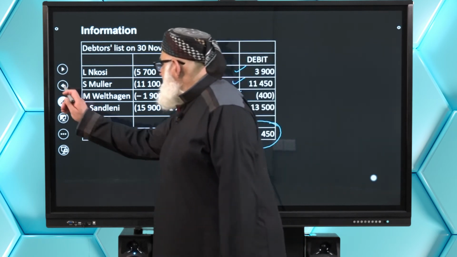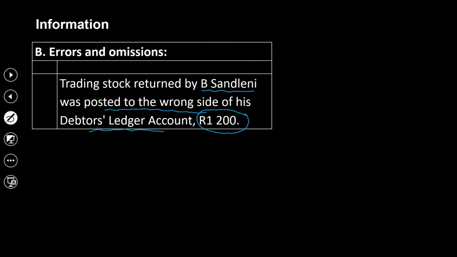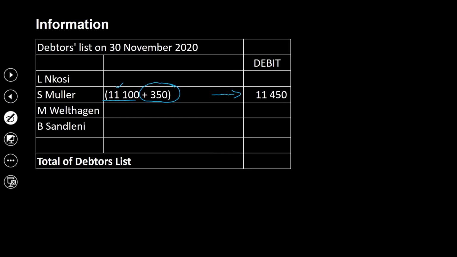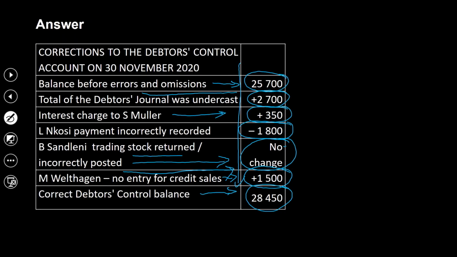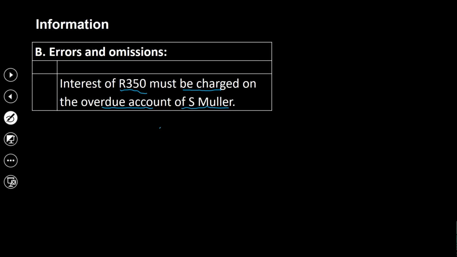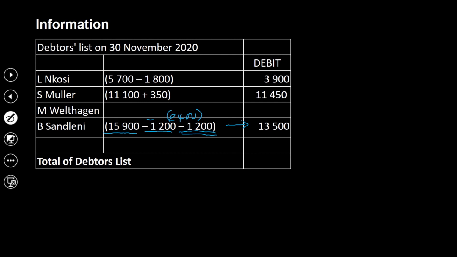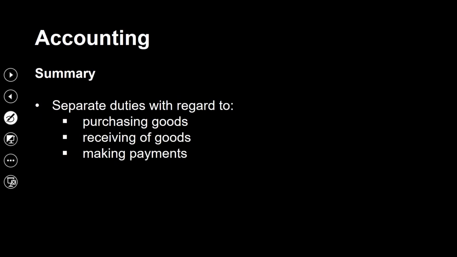Recall? Let's go back. What did we say? We said that this debtors control account had a reconciled balance of how much? 28,450, and now you can see your list has a final balance of 28,450.